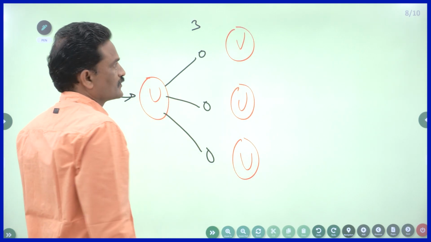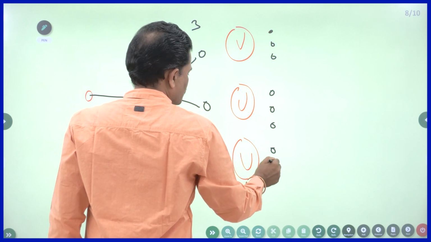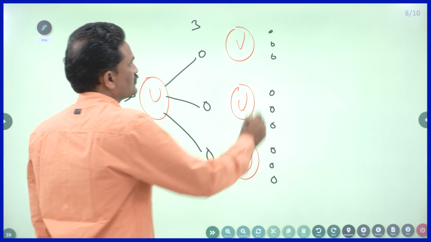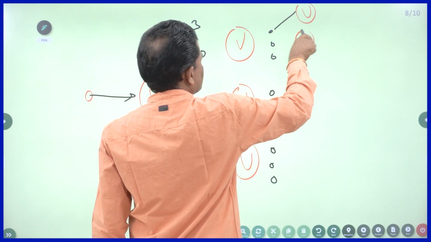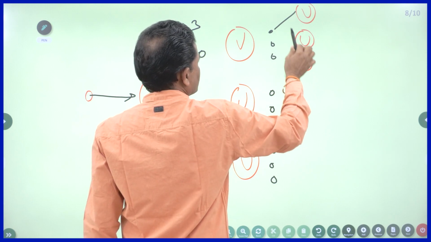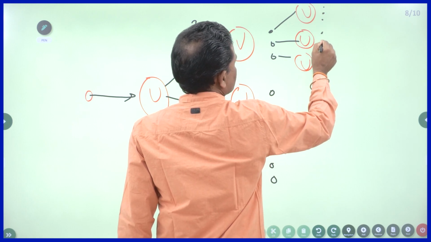Once again they give 3 neutrons each. These 3 neutrons will collide with one more uranium each. So once again you will get 3, 3, 3.